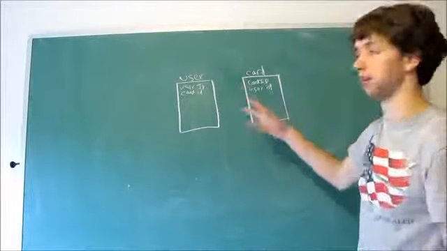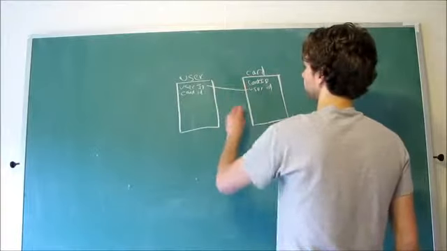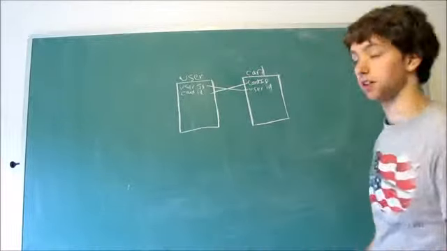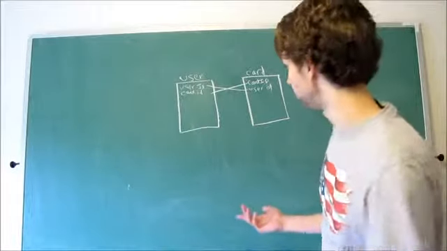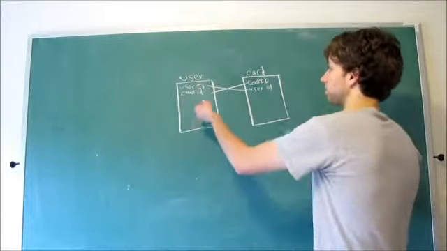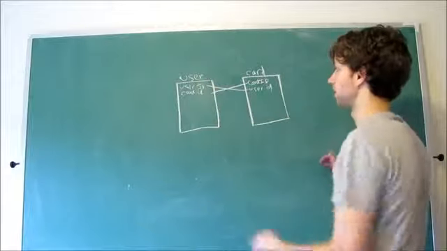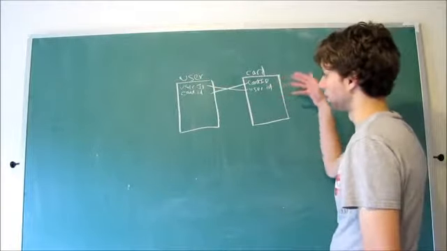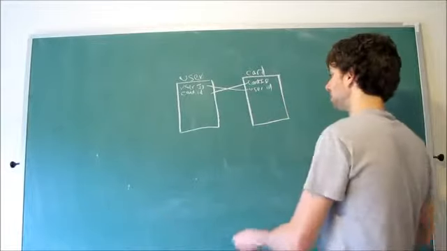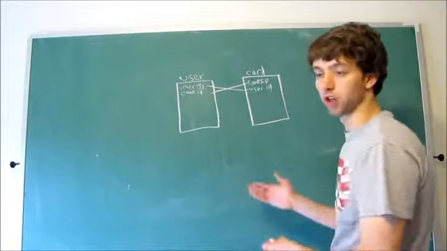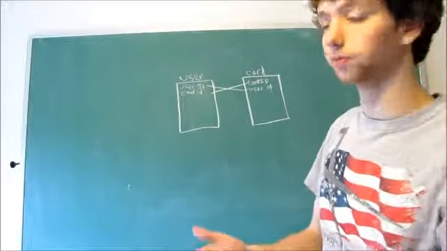What that does is it connects these tables. So the user ID to this user ID, card ID to this card ID. That is how we would make a one-to-one relationship over two tables. And then we can store other stuff about the user in this table, other stuff about the card in this table. Now to convert this to a one-to-many, we can change this to something very small.